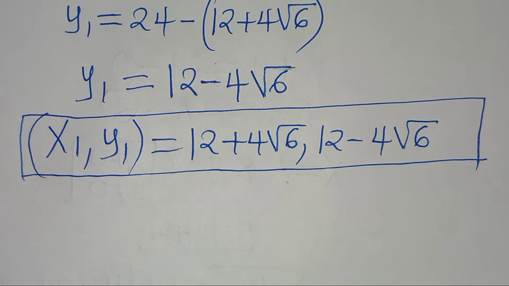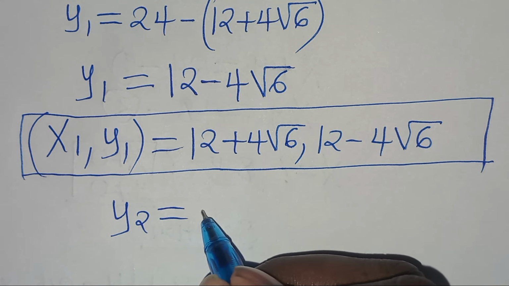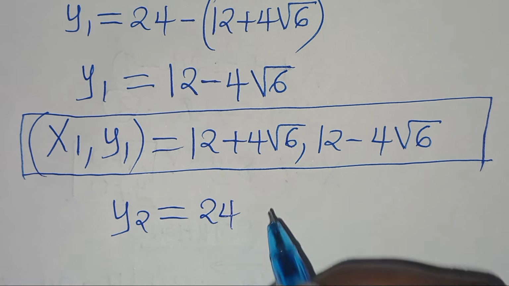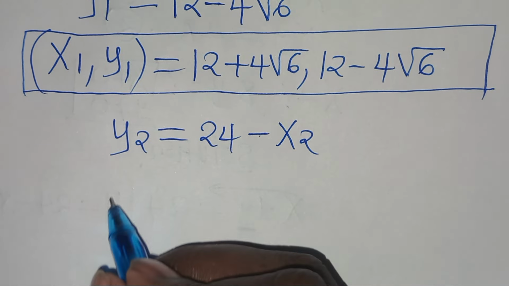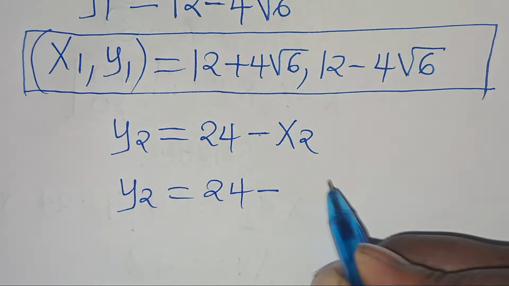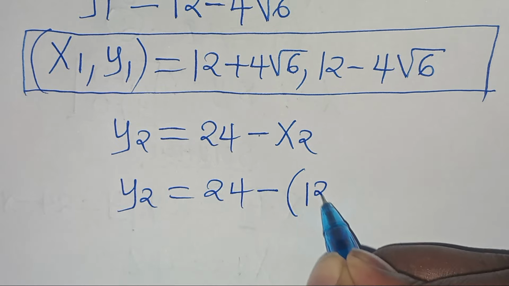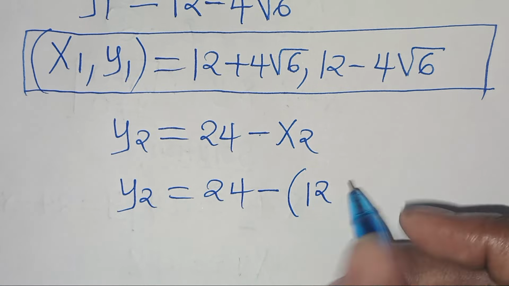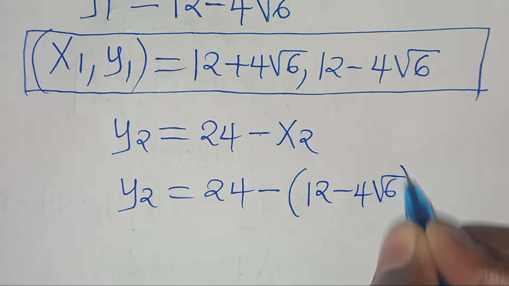Now let's solve for the second value of y2. That is, y2 is equal to 24 minus x2. So y2 here, this is equal to 24 minus x2. x2 in this case is 12 minus 4 square root of 6.